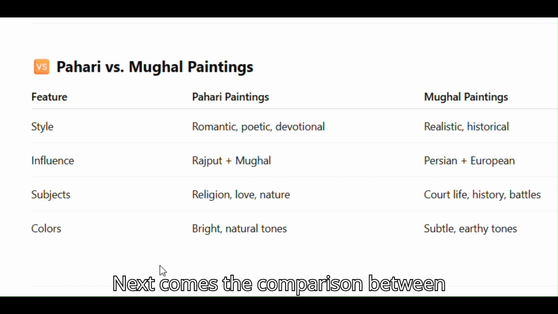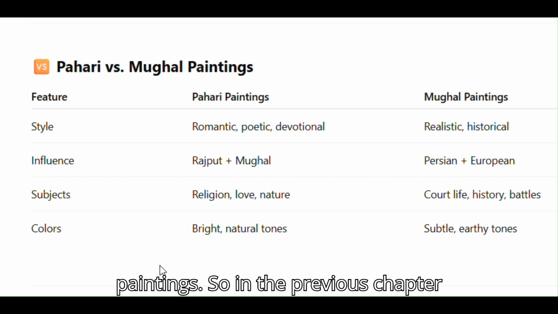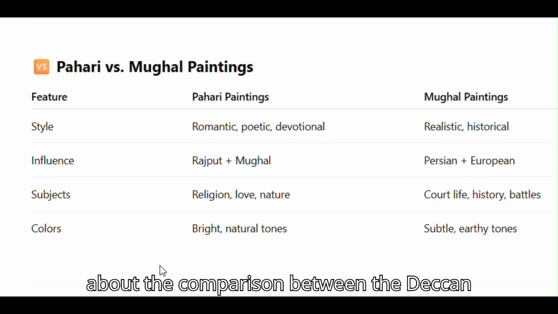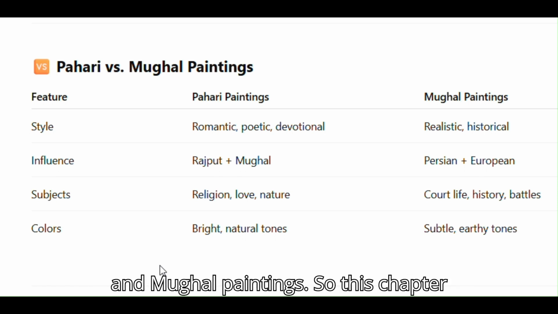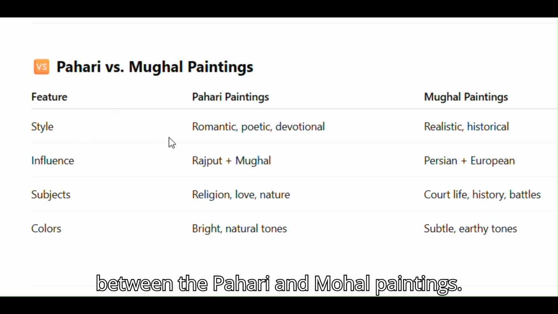Next comes the comparison between Pahari versus Mughal paintings. In the previous chapter, we studied the comparison between the Deccan and Mughal paintings. In this chapter we are going to study the comparison between the Pahari and Mughal paintings.